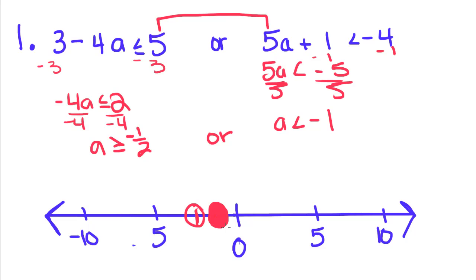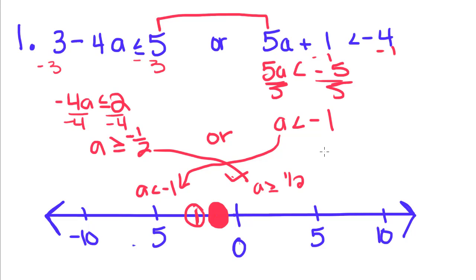Now, you have to make sure you match your inequality up with the right point. So you have a less than -1 and a greater than or equal to -1/2. That means you're going to have an arrow going this way for all your a's that are greater than or equal to -1/2.